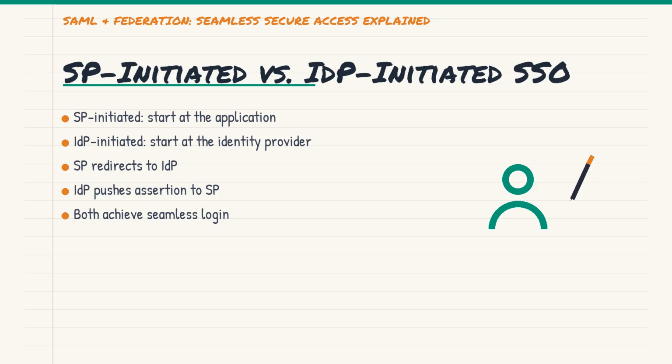You click on an application tile there, and the IdP then sends a SAML assertion directly to the SP, granting you access. This is great because it centralizes your application access, but it means the IdP needs to know about all the SPs you have access to, and vice versa, for the whole system to work.